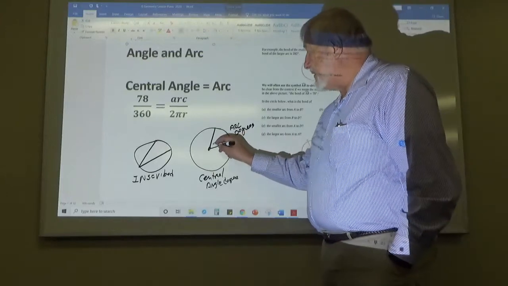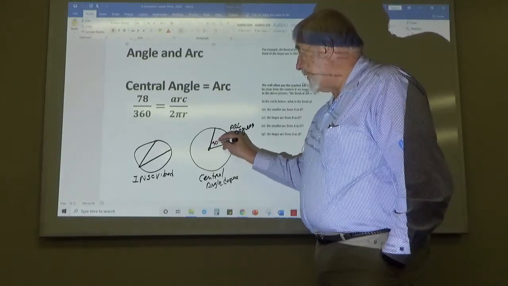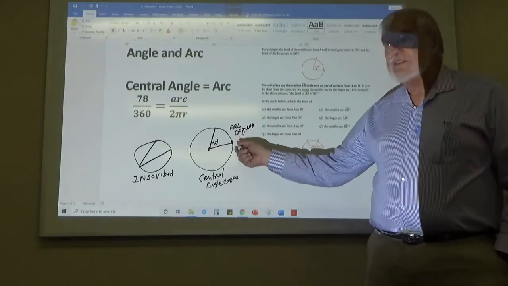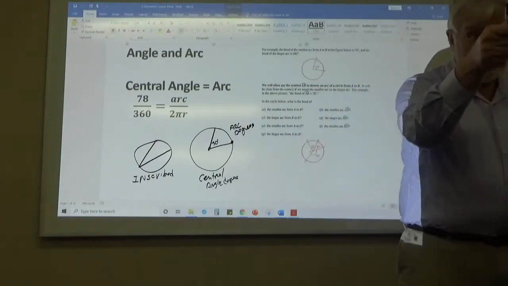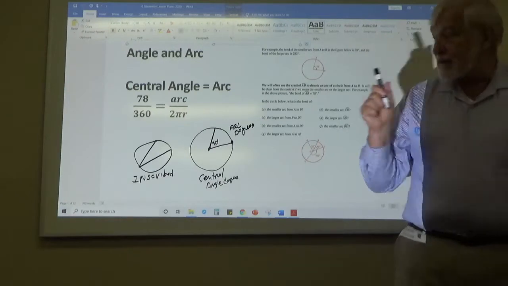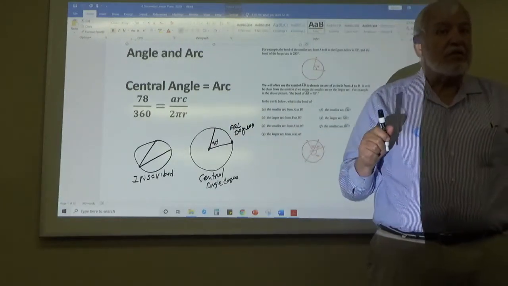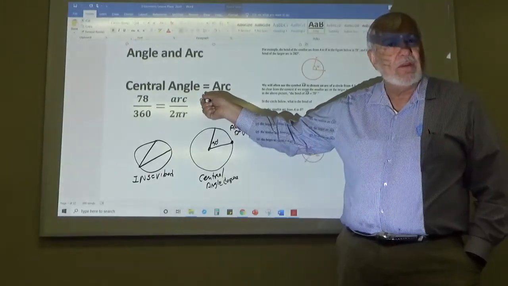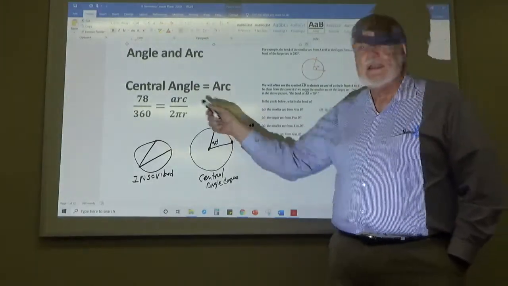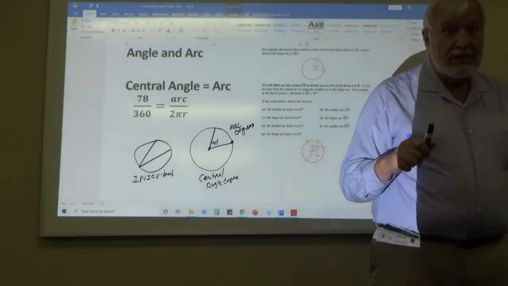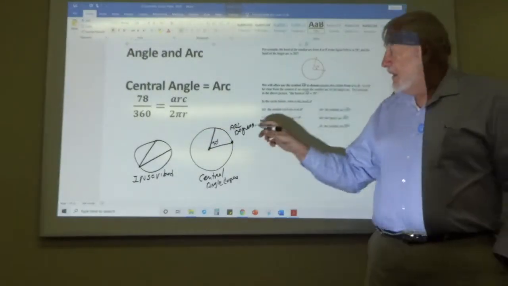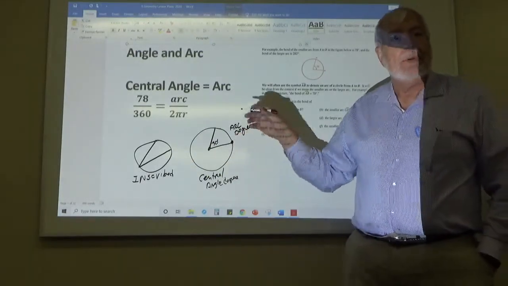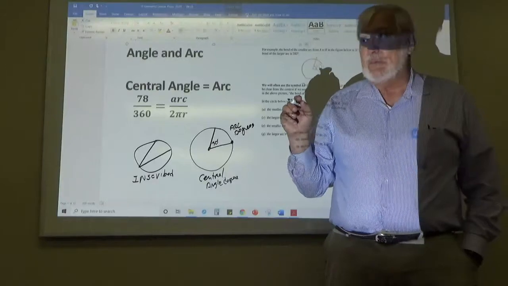So if this is a 30-degree angle, then this arc, which they call a bend in the book, is 30 degrees of the circle. That means we have to put it into a proportion to find out how long it is, because 30 degrees is 30 parts of 360, but the circumference of the circle is 2 pi r.